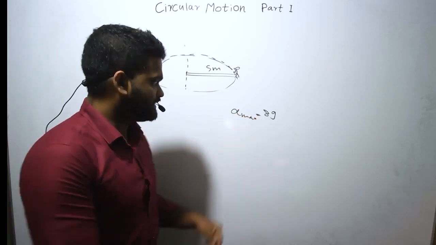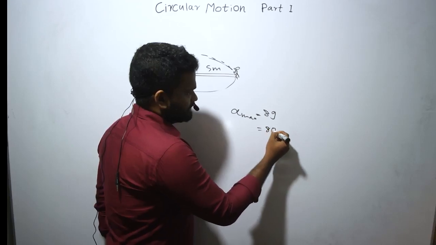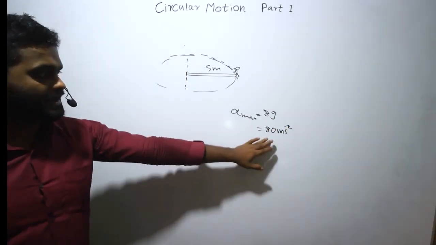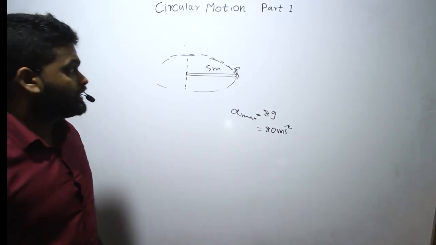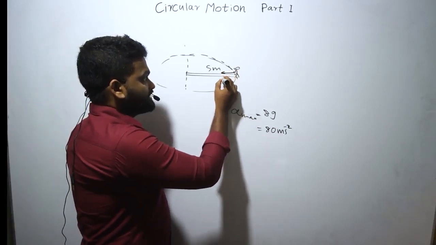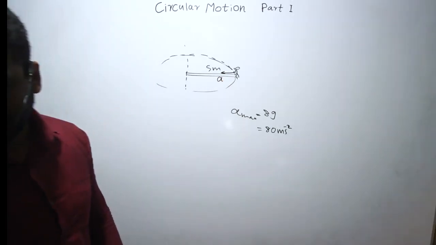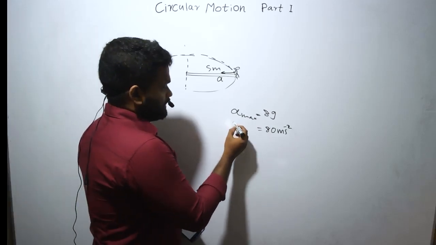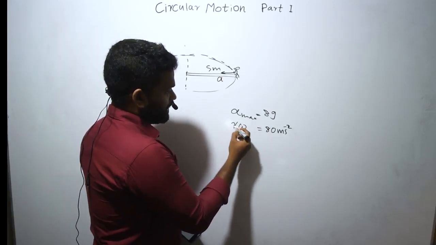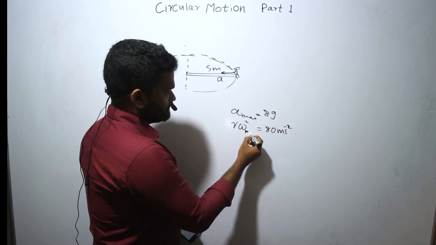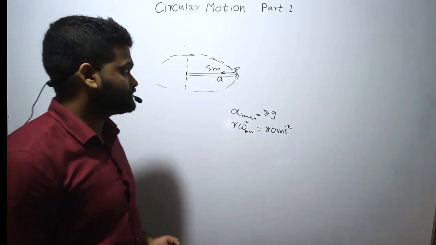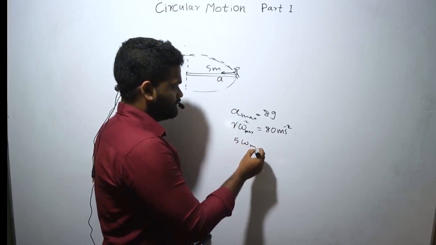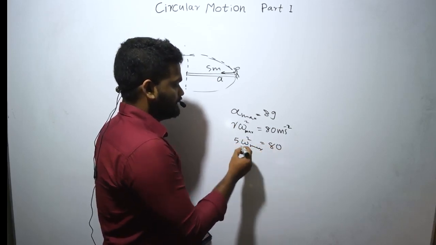So they said it is 8g for this astronaut, it can hold 8g. So it is 80 meters per square second. That's the maximum acceleration he can hold. So centripetal acceleration. In the question they ask for the maximum angular velocity. So I'm using this equation, r omega squared max. Right. So the radius is 5, 80 divided by 5.